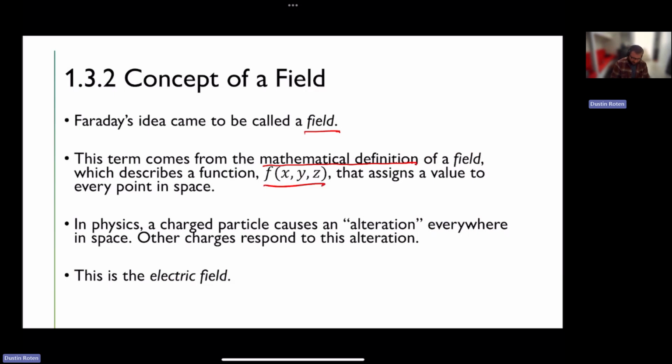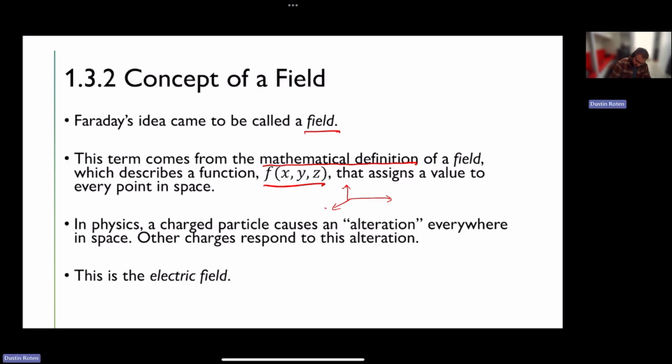If you think about the terrain on a map, you can have north, south, east, west, and up, down, like if you go up a mountain or down in a valley. So let me make sure I get my right-hand coordinate system set up correctly.